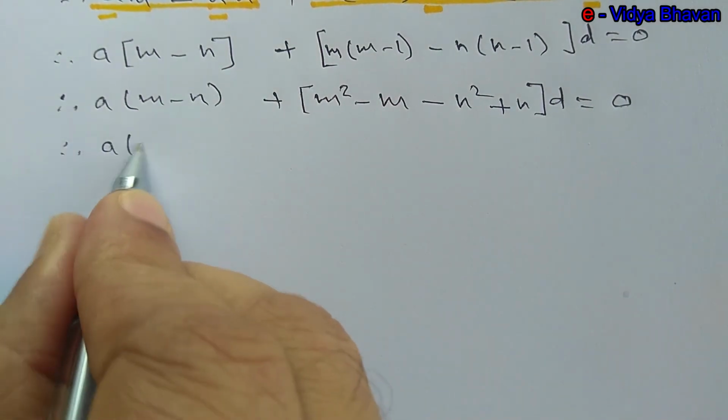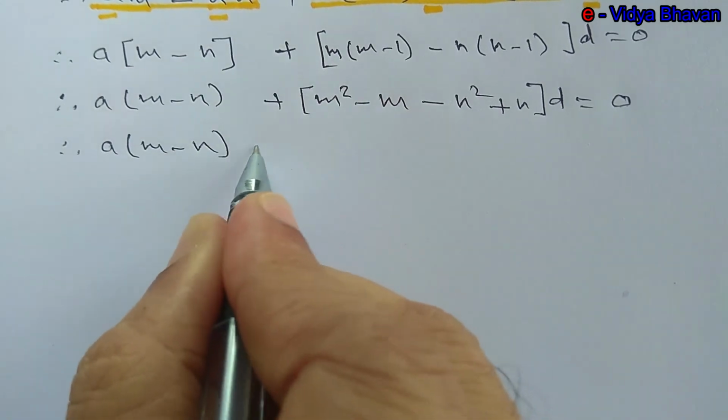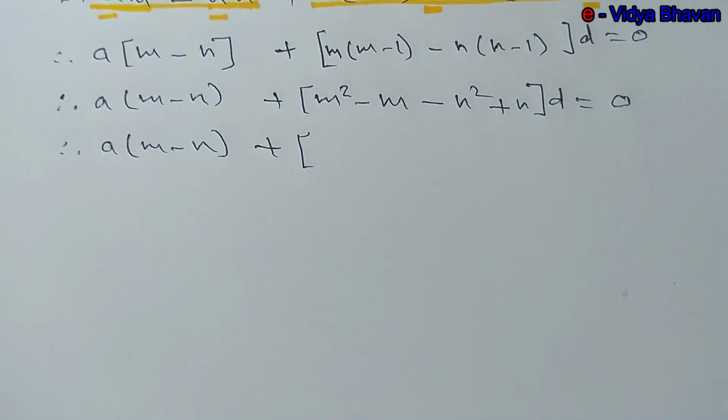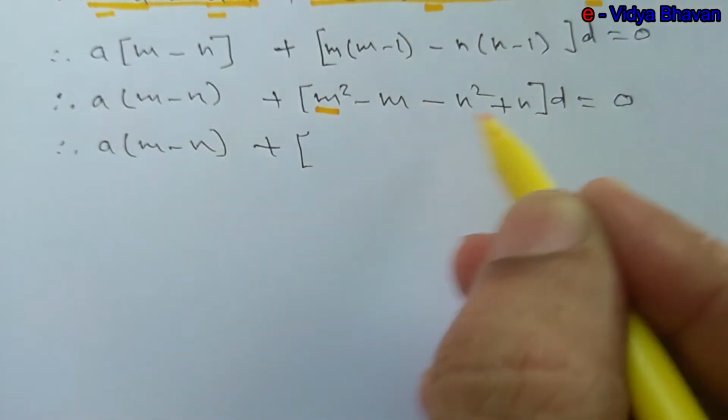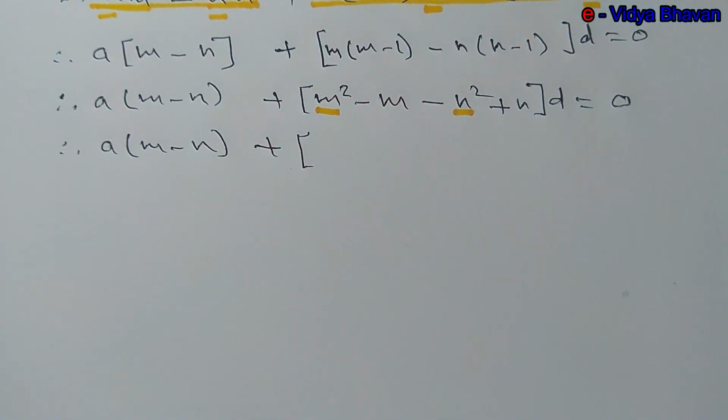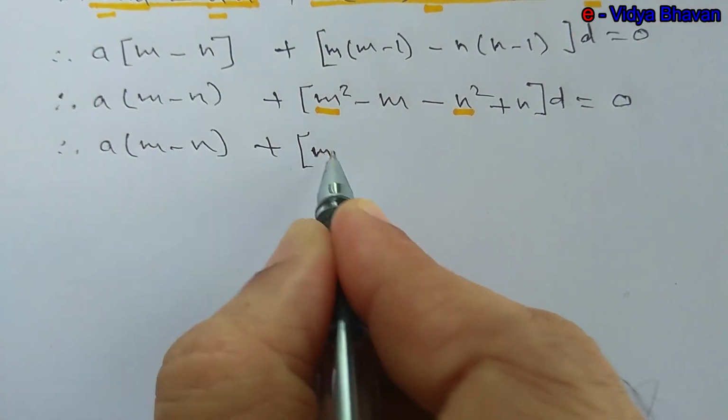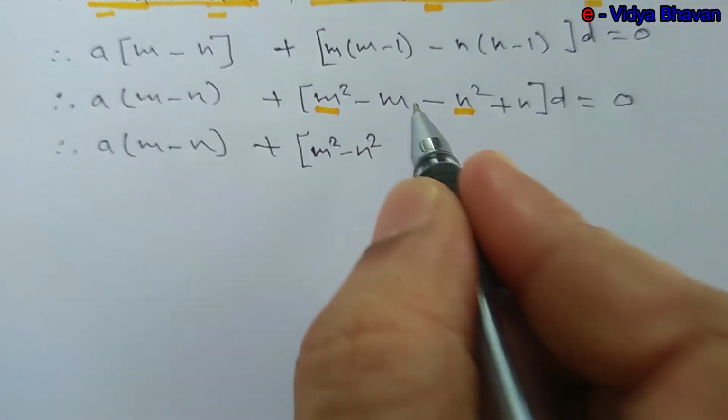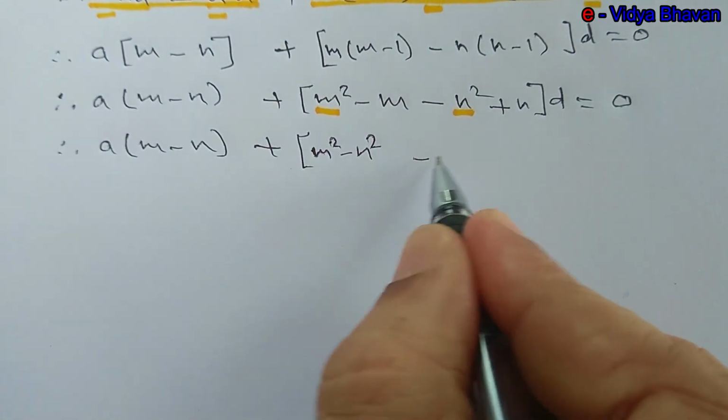Further we can go, now we will take this m square and n square together, and this minus m plus n together.